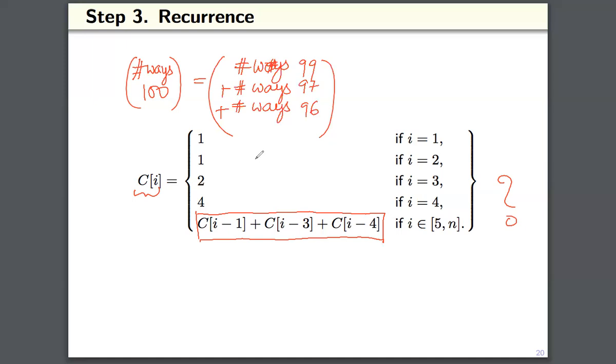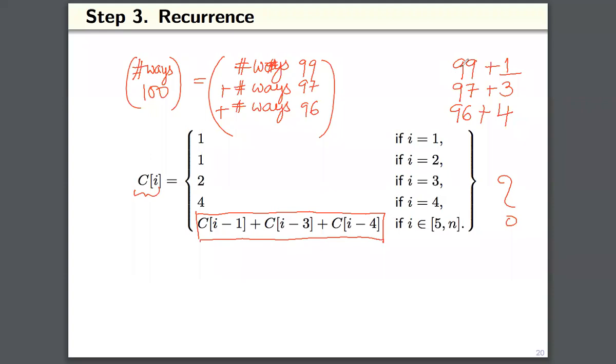Why? Let's think about it. 100 can be written as 99 plus 1. 100 can be written as 97 plus 3. 100 can be written as 96 plus 4.